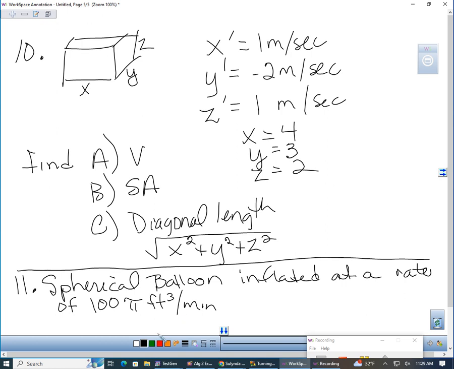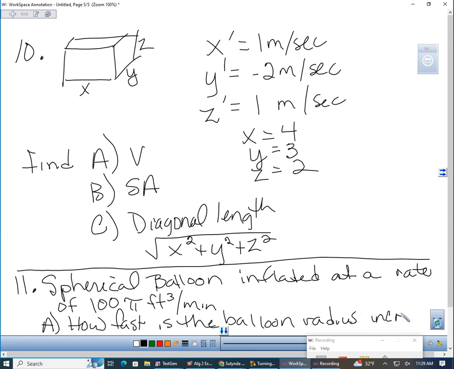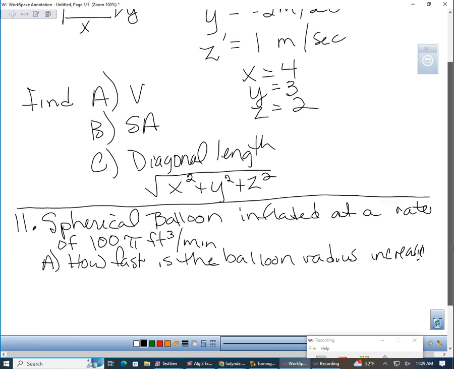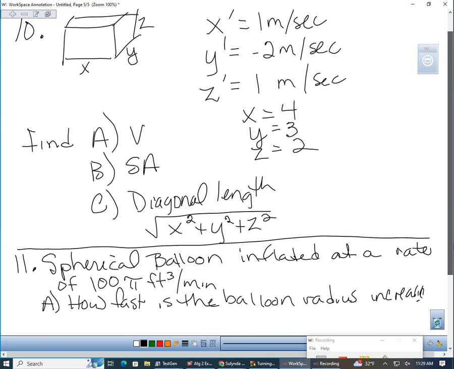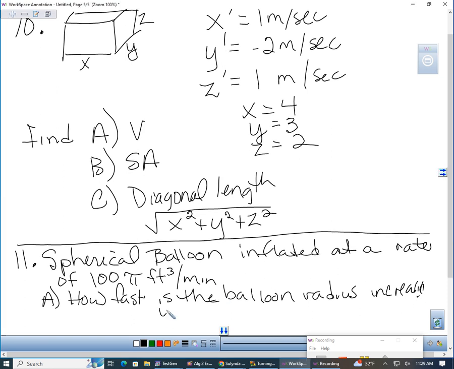And then it says, for part A, how fast is the balloon radius increasing when R equals 5 feet.